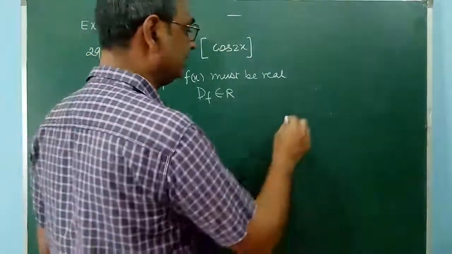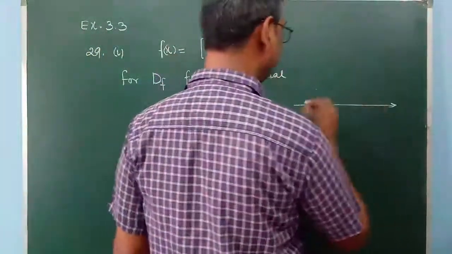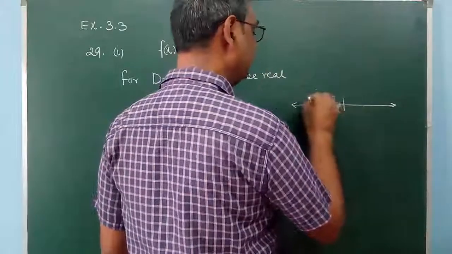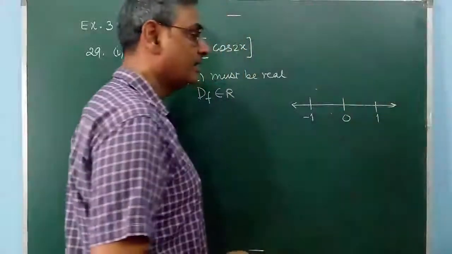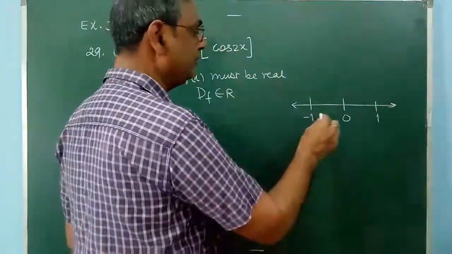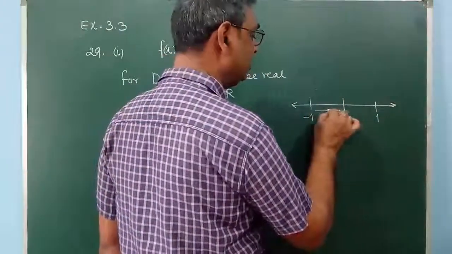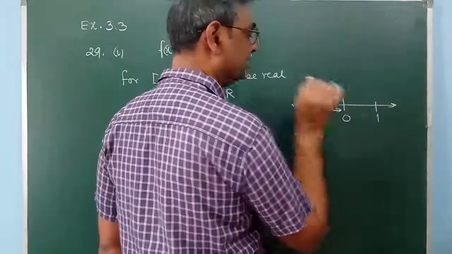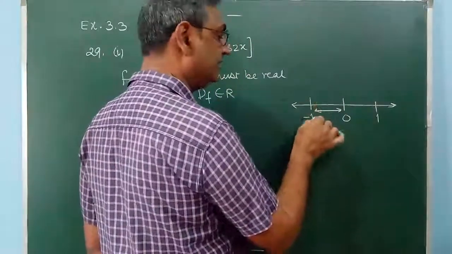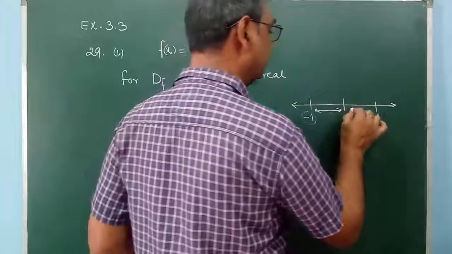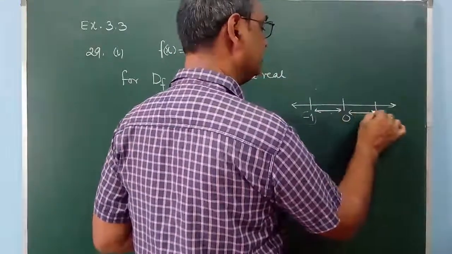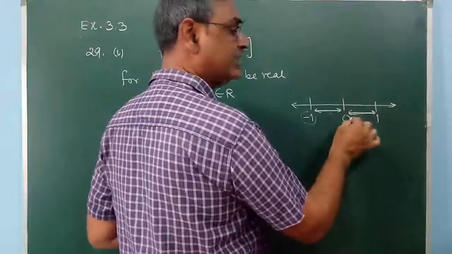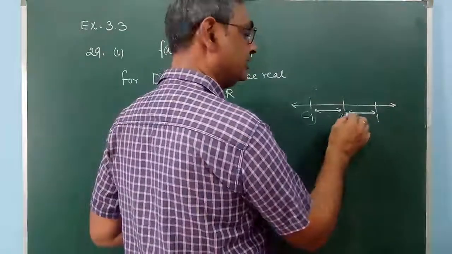Now one thing is there, whenever we talk about the greatest integer function, we are having the values -1, 0 and here 1. Whatever value will be coming in between -1 and 0, here the greatest integer will be -1, and whatever will be the value between 0 and 1, the greatest integer will be 0.